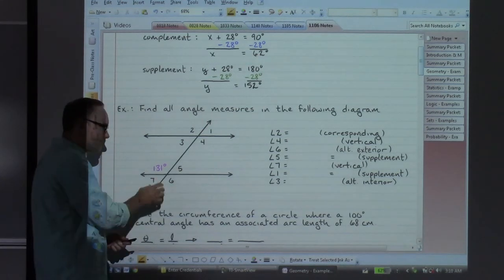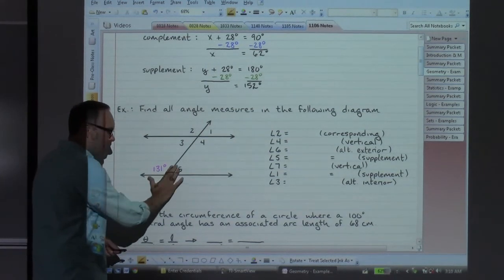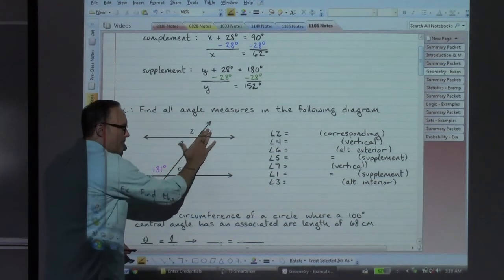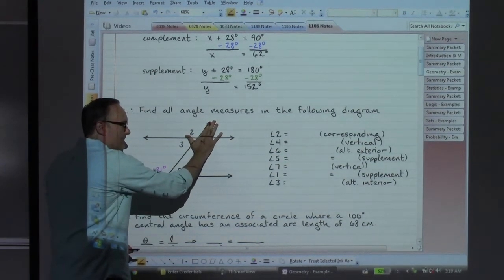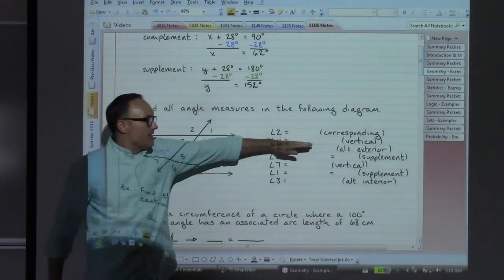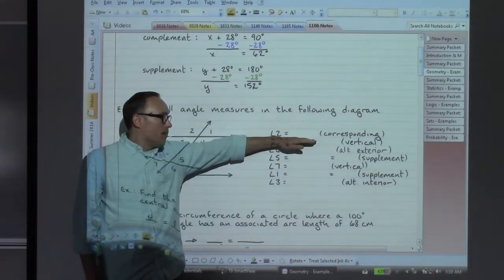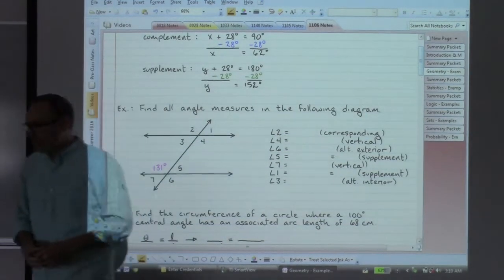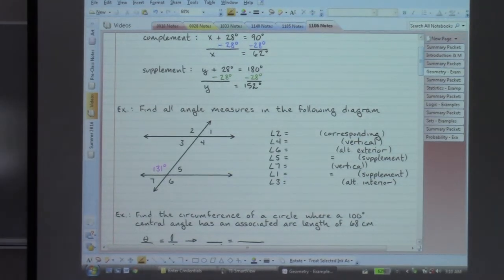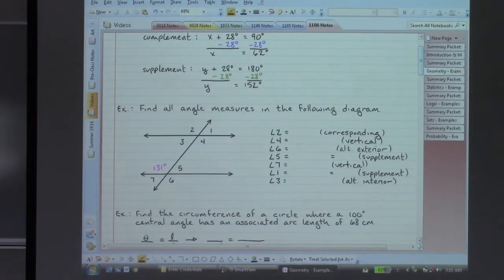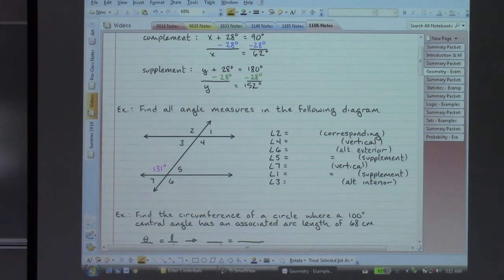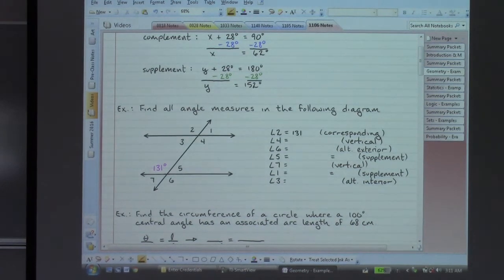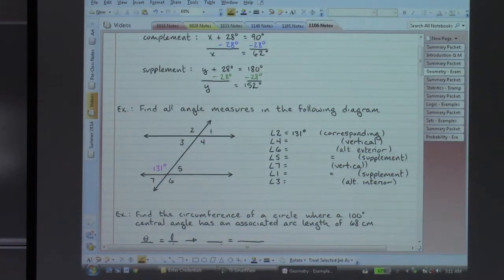Starting with the 131 degrees, we have this angle that we can bring up the transversal to hit angle 2, and that's what we're talking about when we talk about corresponding angles. So angle 2 is going to be that 131 degrees based on corresponding angles.